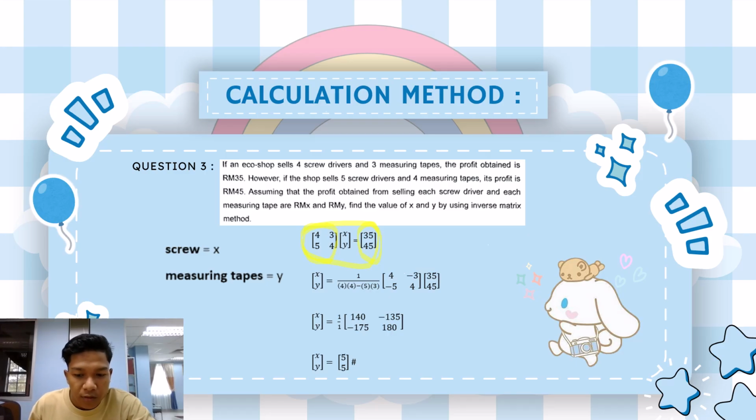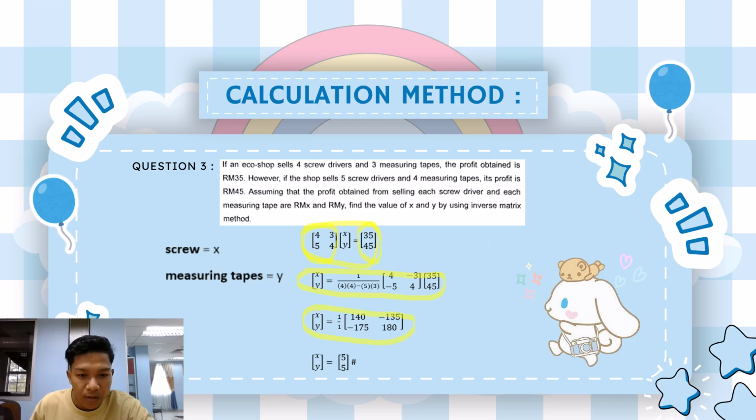To find the inverse of A, use the formula. So we follow the formula. After this, we just need to find the answers. Just calculate this, and we can get this.